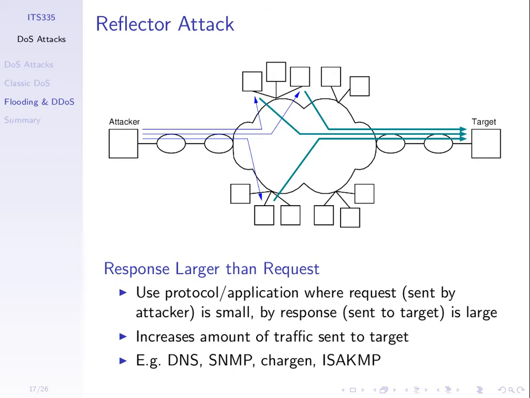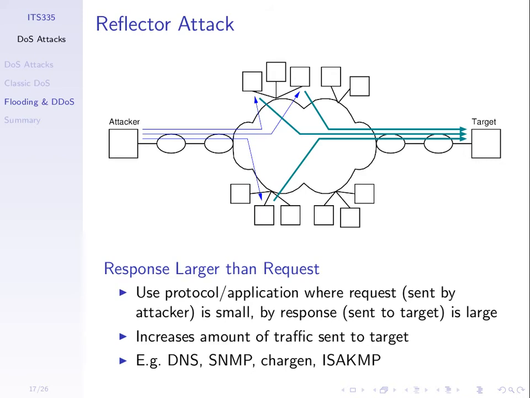You've studied flow control with me last semester. Remember the idea: make sure that the source doesn't send too fast and overflow the target. So TCP is not very useful for such an attack, because if we start sending too fast to the target, the source will automatically slow down.